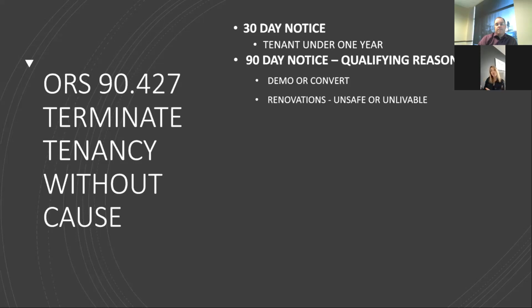This is also the one that I was going to discuss about getting ready to sell. Let's say you want to clean up the house, make it look the best, spruce it up. Well, you could do a 90-day notice on somebody who is in a month-to-month tenancy, or you could give a 90-day notice to somebody on a fixed-term lease, but at their expiration date.